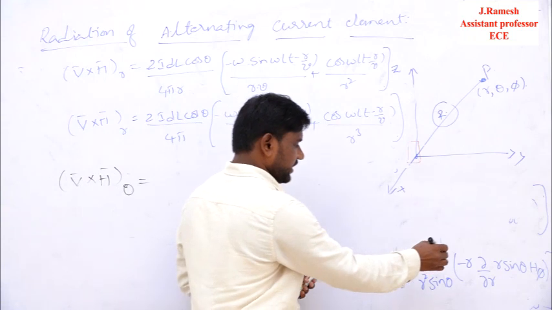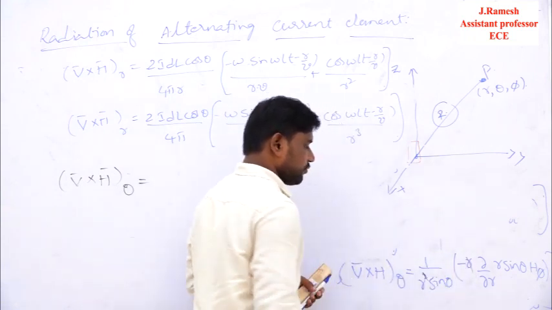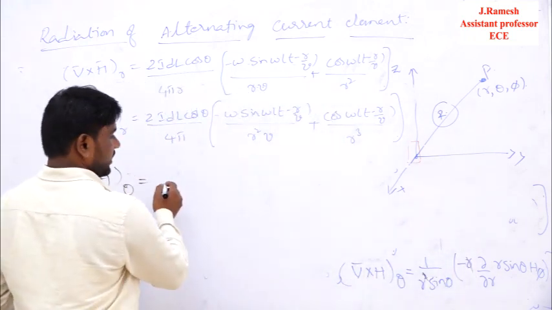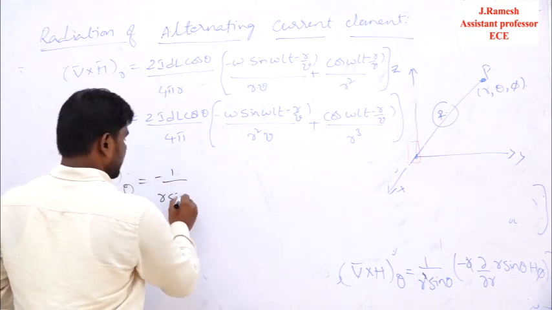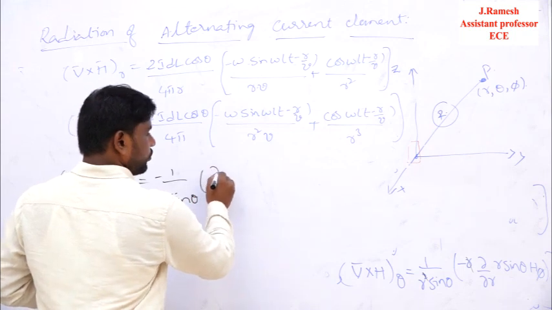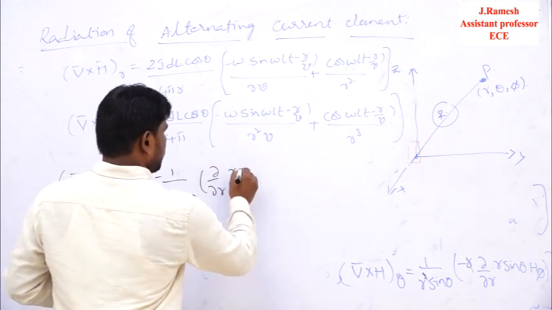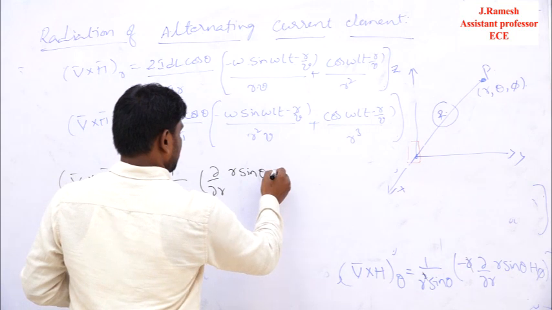Here if you observe again, the r component and r square both will get cancelled. So I can write minus 1 by r sin theta into dou by dou r into r sin theta into h pi.